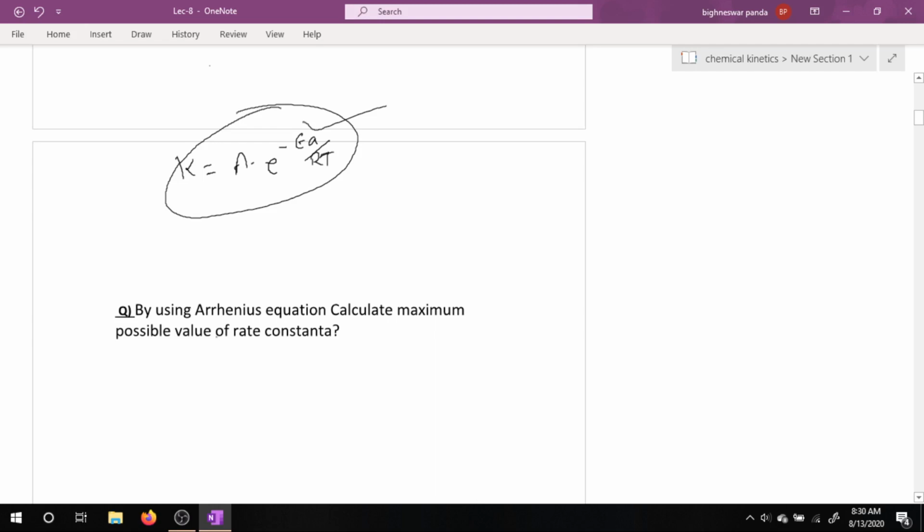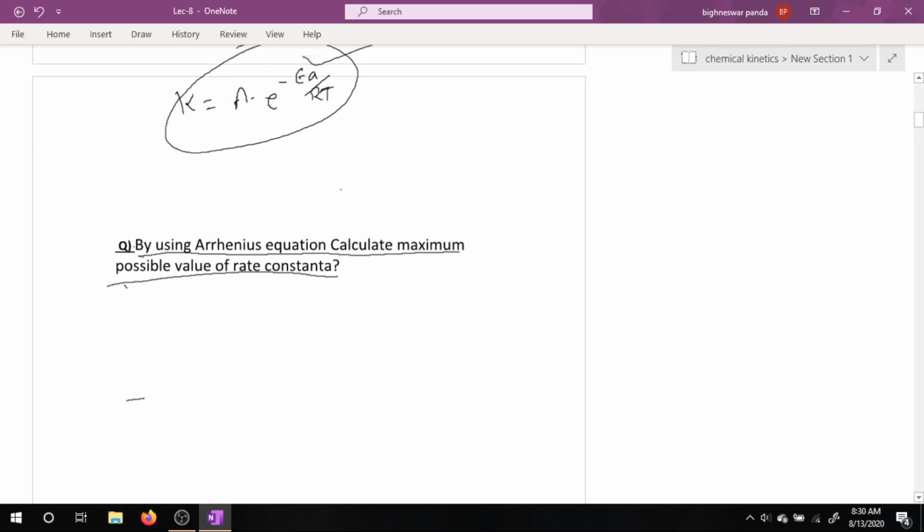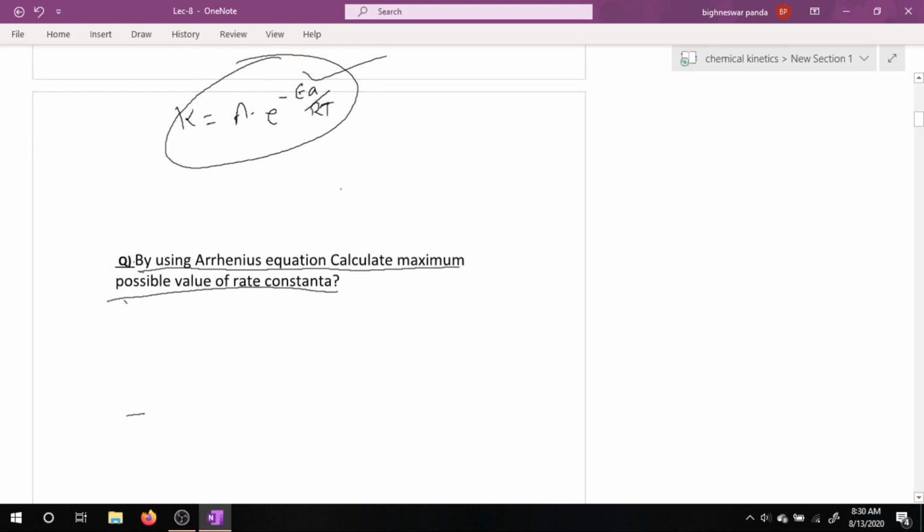we have a problem. By using the Arrhenius equation, calculate the maximum possible value of the rate constant, or calculate the value of the rate constant at sufficiently high temperature.